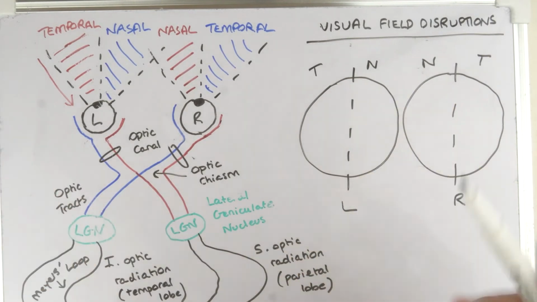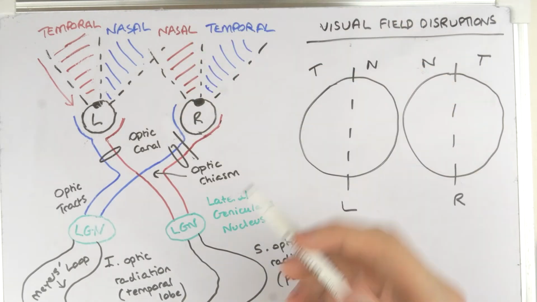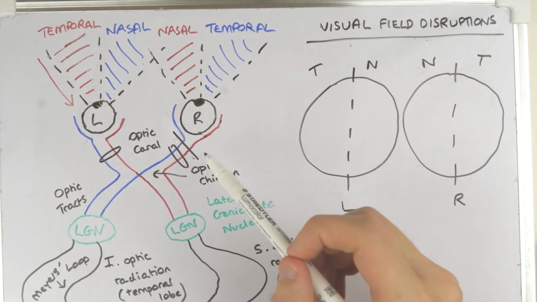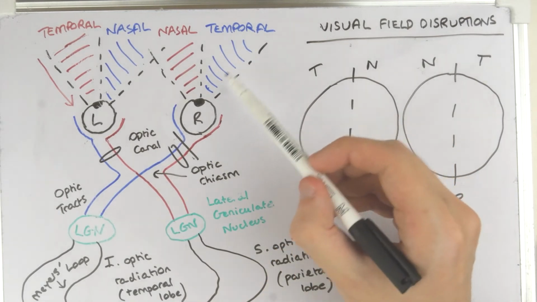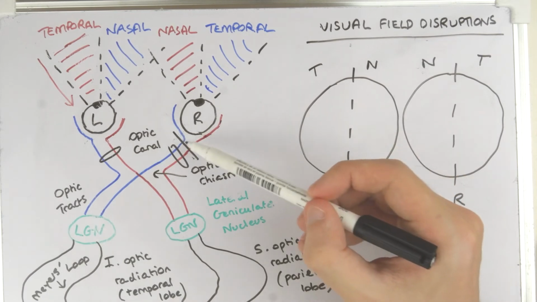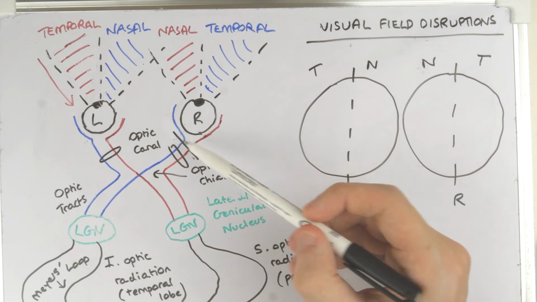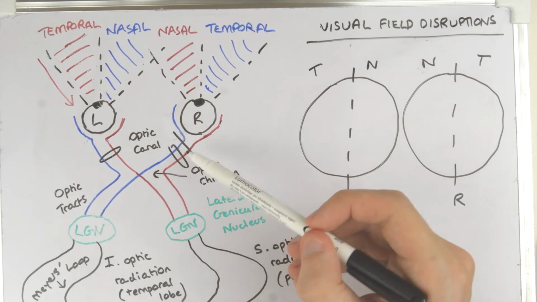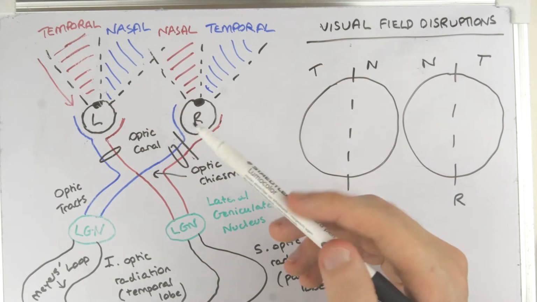So to start with, quite a simple one, we simply have a disruption to the optic nerve where I've put this line here. This simply results in one-sided blindness because although light is hitting the retina in the same way as before, if there's a disruption or a lesion here to these nerve fibres, the information from the retina can't communicate with the nerves posterior to this point, so the brain doesn't perceive anything.